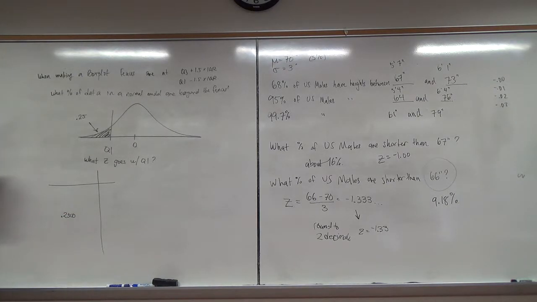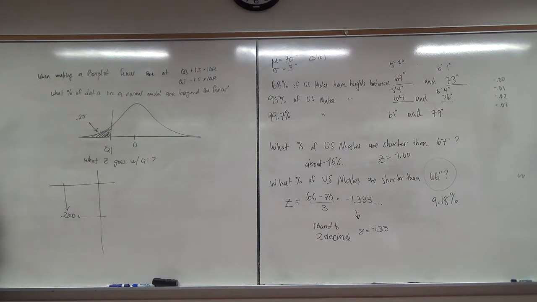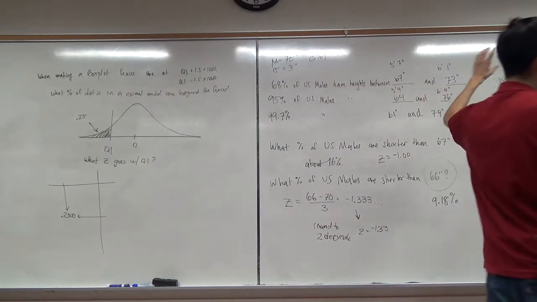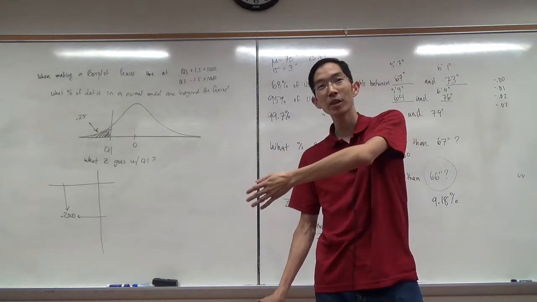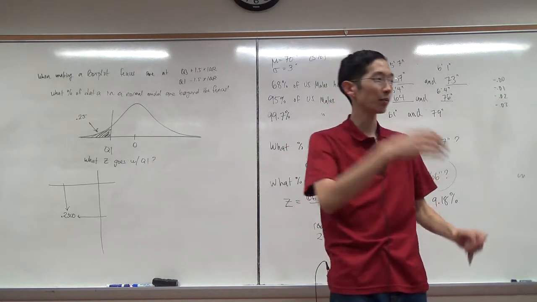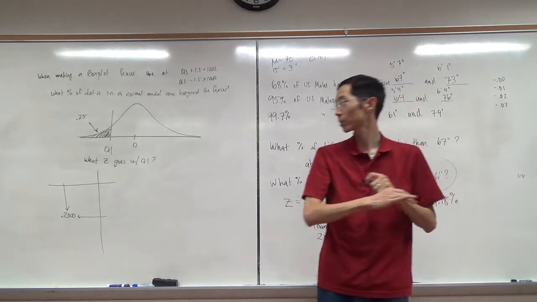I'm looking for a number as close to 0.25 as I can, and I'm going to find the z-score that gives me 25% to the left. Does that make sense? This is what we call the reverse reading of the normal table. Sometimes you are given a measurement which you turn into a z-score and you look up the area. Other times you're given an area or a percentile and you look that in the table to get the z-score, and if necessary, you turn that back into a measurement.